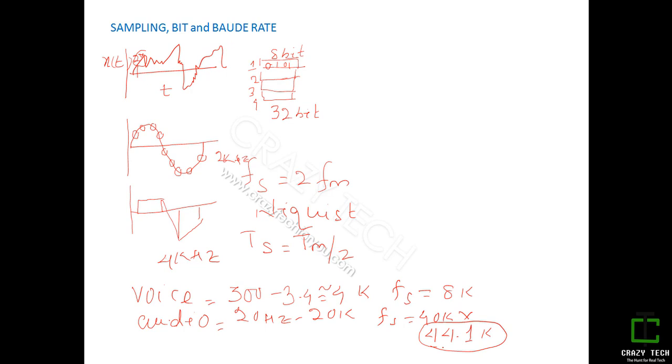I'm not going to detail why exactly 44.1 kilohertz was chosen, but for the time being, note it down that 44.1 kilohertz is the standard sampling rate of any signal including audio. For voice signal the standard sampling rate is 8 kilohertz.